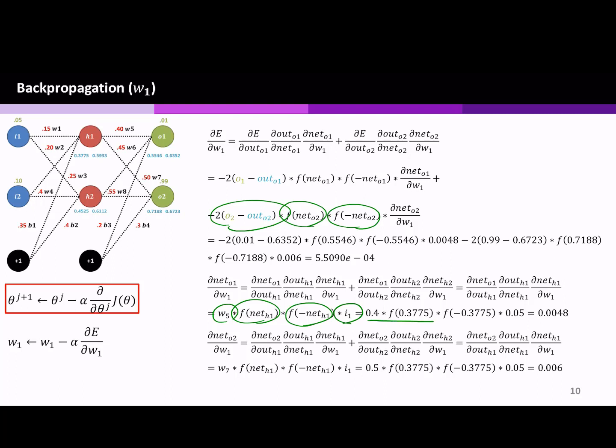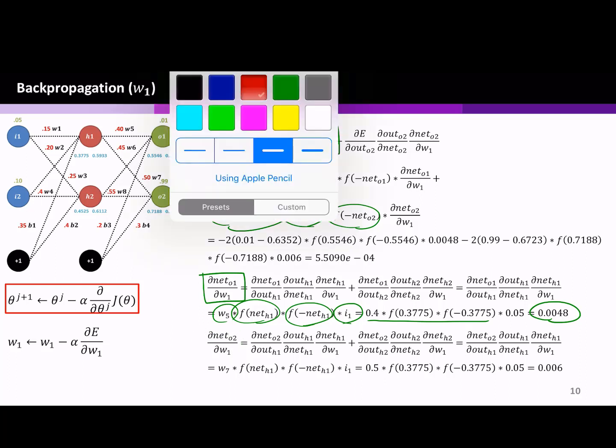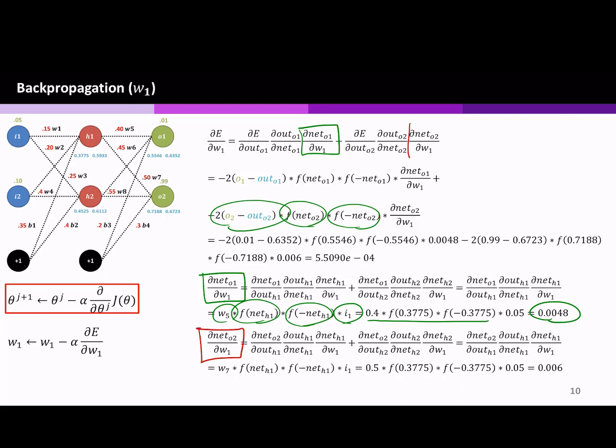So this value becomes this one, here, right? Okay.